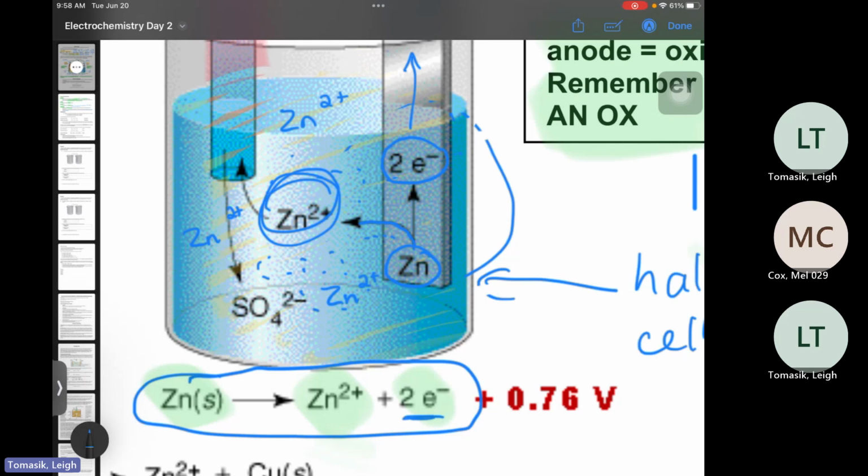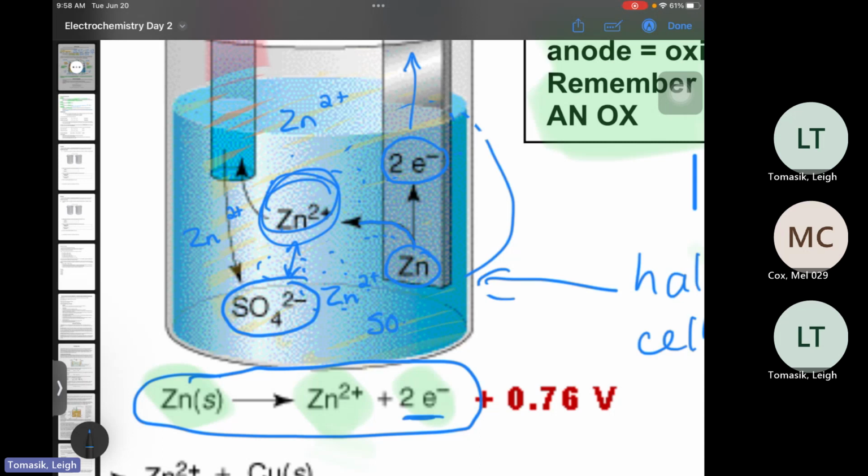If too much product builds up, it's going to shift the equilibrium the other way, unless we can neutralize the charge. So every time we add a zinc 2 plus ion, an SO4 2 minus ion will come down from the salt bridge, and these guys will pair up and neutralize the positive charge.